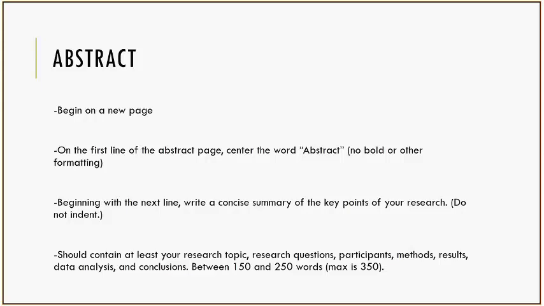Keep it flush left. This should contain at least your research topic, the questions, your participants, your methods. Think of it as how you could quickly describe your dissertation to someone. You want it between 150 and 250 words, but the max is 350 words.